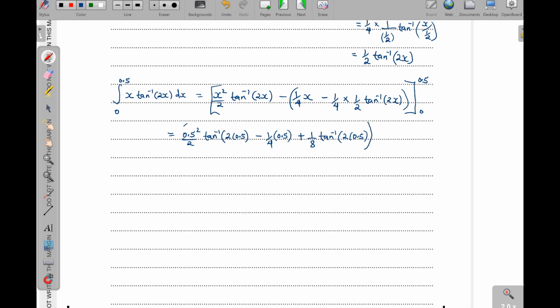Now this whole thing here, that is when we put 0.5, and then when we put 0, this will be 0, 0 here. Arctan of 0 is also 0. So I'll just say minus 0.